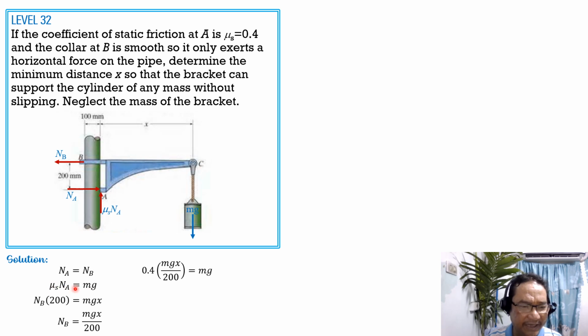So mu sub s 0.4 times Na, which is Nb, from this equation, mgx over 200, which is equal to Na, then equals mg. Cancel out mg, so we can solve for x. It is 200 divided by 0.4, so x is equal to 500 mm. So that's it for this problem.